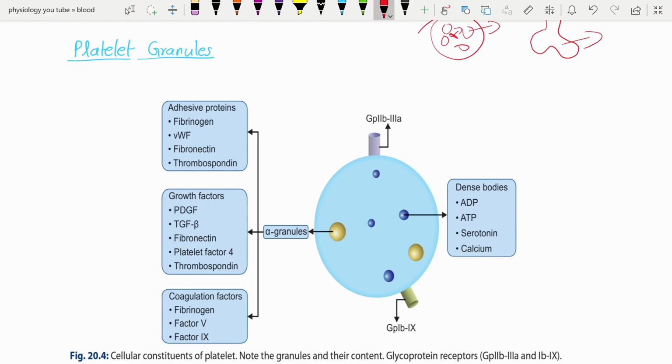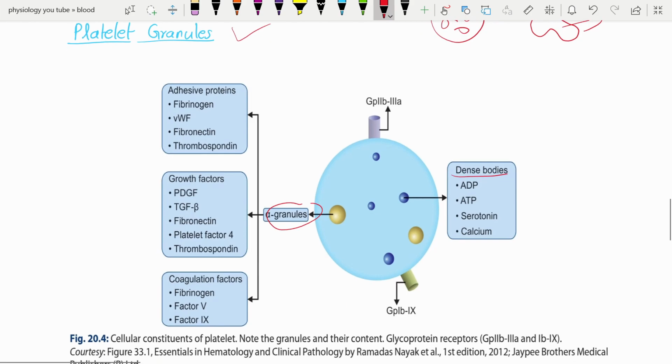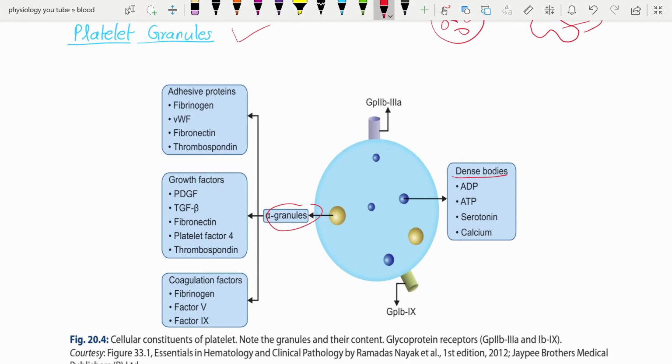Here I am going to mention the platelet granules. There are alpha granules and there are dense bodies. Alpha granules contain adhesive proteins, growth factors and coagulation factors. Adhesive proteins include fibrinogen, von Willebrand factor, fibronectin, thrombospondin.